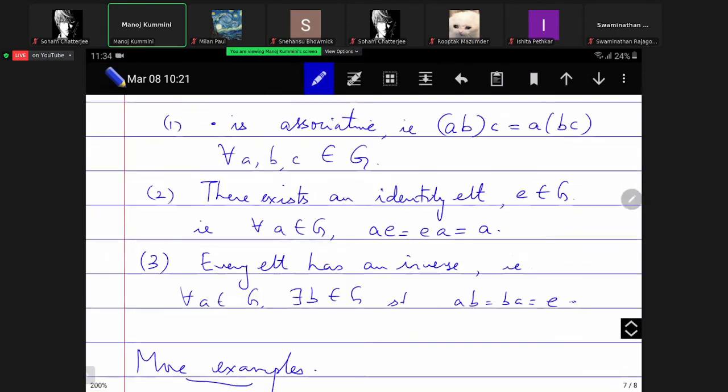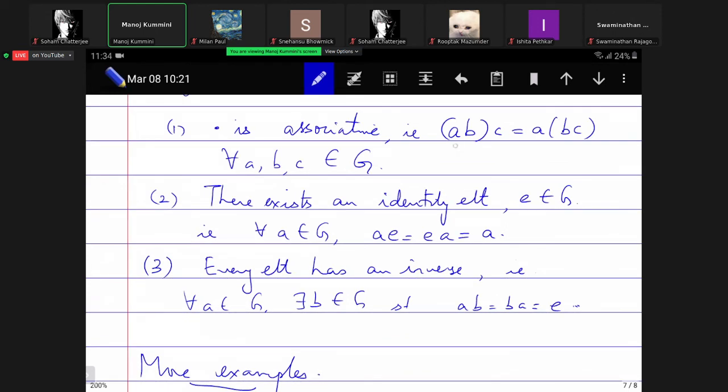Let us go back. It was stated that it is associative, and the rest is just properties about the existence of the identity element and inverse element.